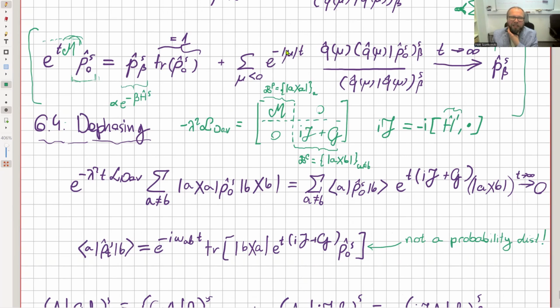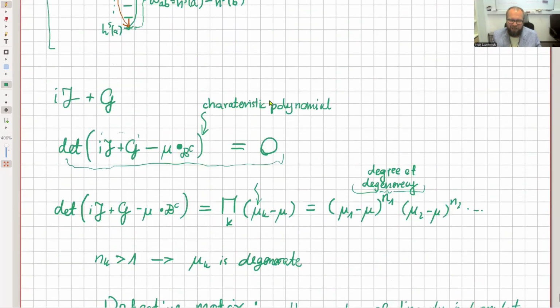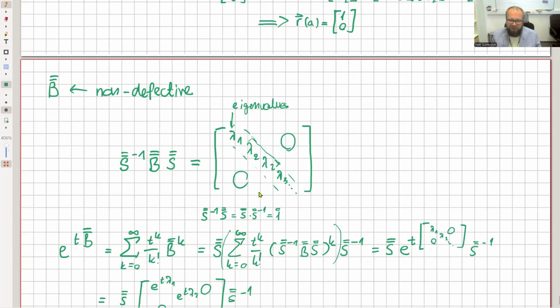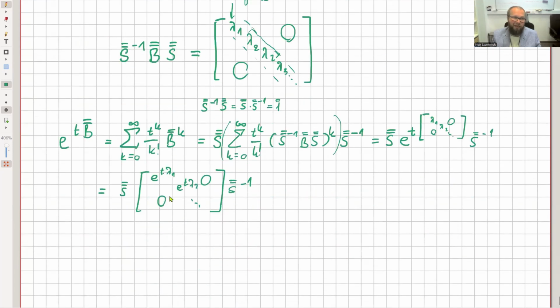Those attenuation factors here correspond to those factors on the diagonal, okay?